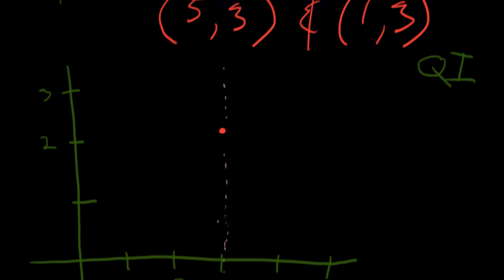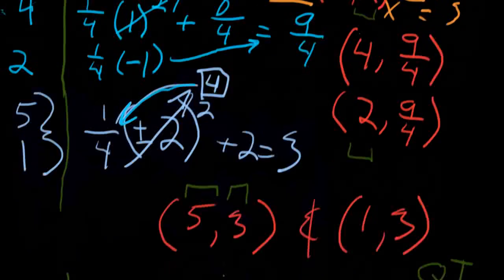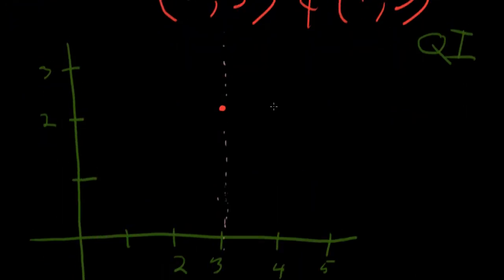I have 4, 9/4 and 2, 9/4. Now 9/4 is about 1/4 above 2. So this 2 is a little high. So I'm just kind of going to shove it out there.